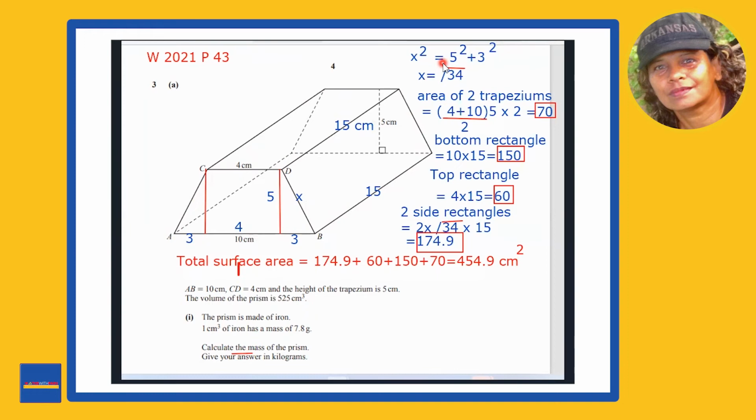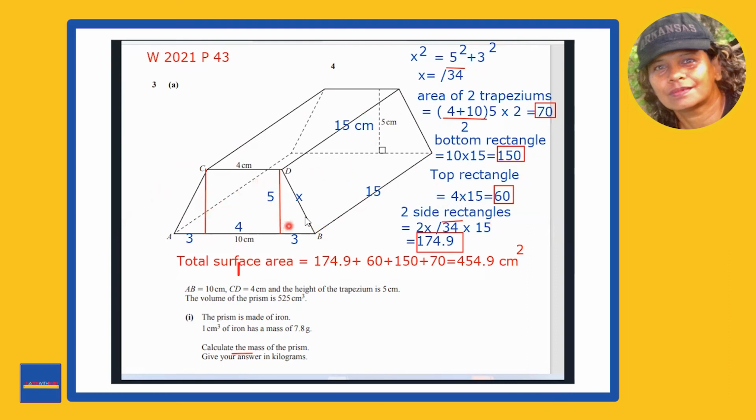All right, then we're going to use that to find out the area of this trapezium. The trapezium we know is half of 4 plus 10 into 5. There are two trapeziums, so you multiply it by 2, we get 70. The bottom rectangle is 10 into 15, 150. The top rectangle is 4 into 15, 60.